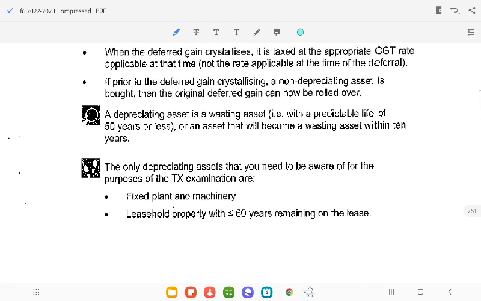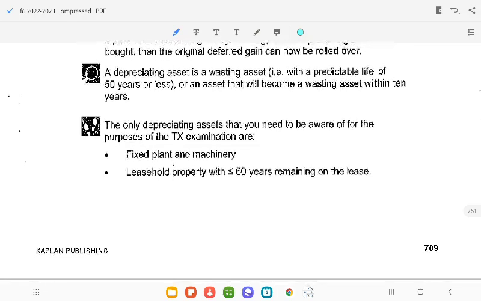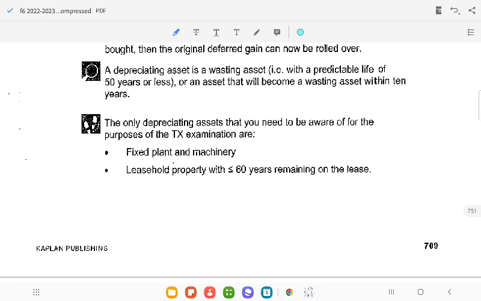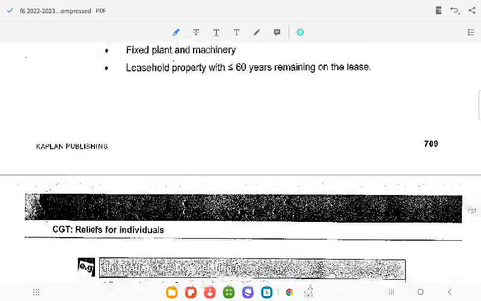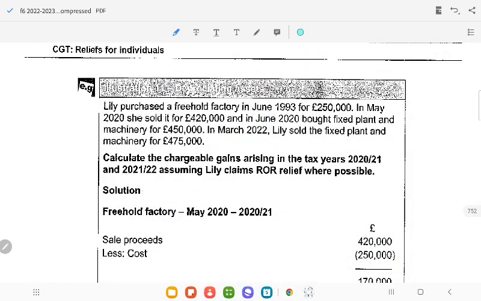A depreciating asset is an asset which is a wasting asset with a predicted life of 50 years or less, or an asset that will become a wasting asset within 10 years. The only depreciating assets that you would need to be aware of are fixed plant and machinery and leasehold property with equal to or less than 60 years remaining on the lease.